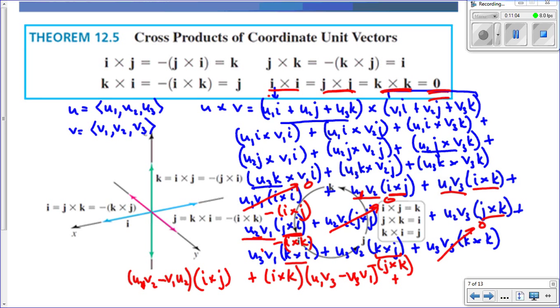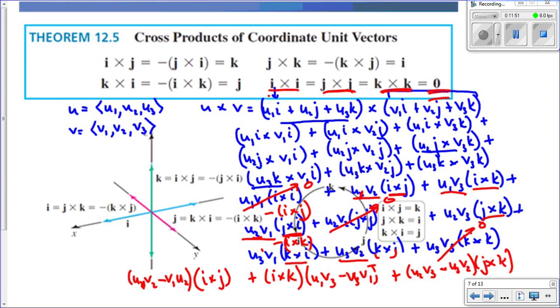And then lastly, we have the j cross k. We have u2 v3, minus u3 v2.